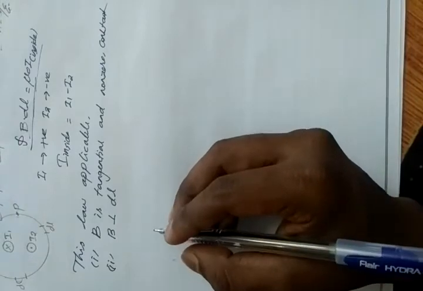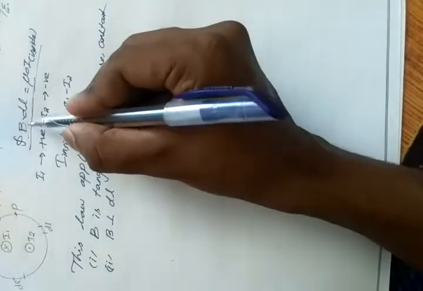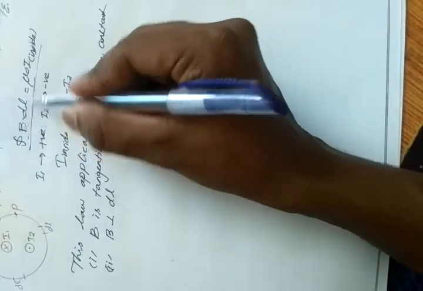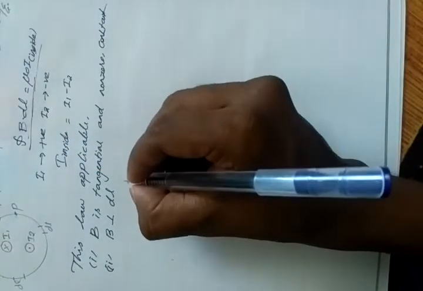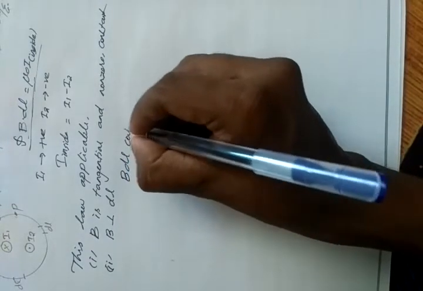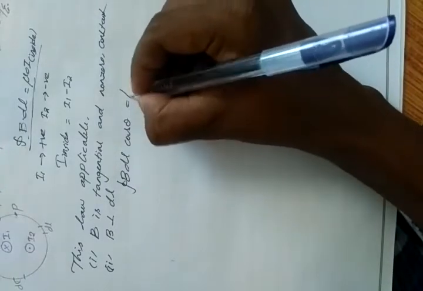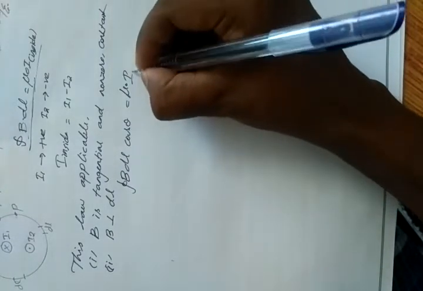Then we have another condition. Here we have B dot dl. In order to remove the dot product, we add cos theta. So B dl cos theta equals mu naught I inside.